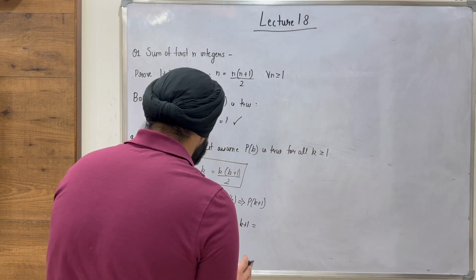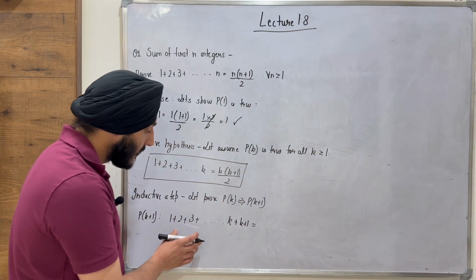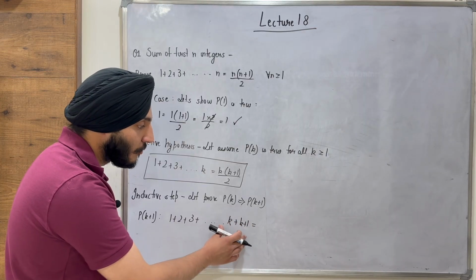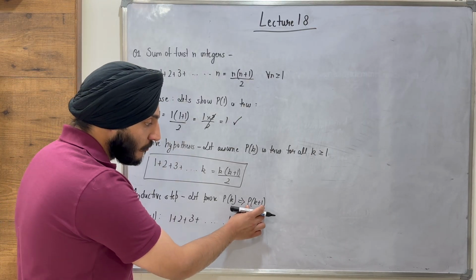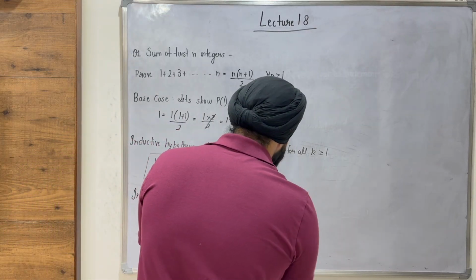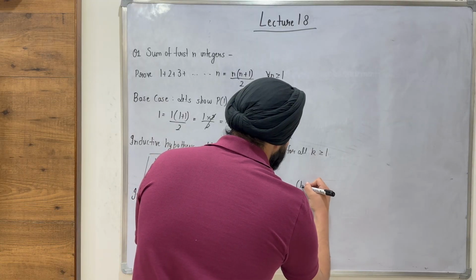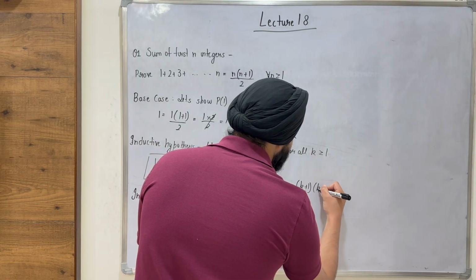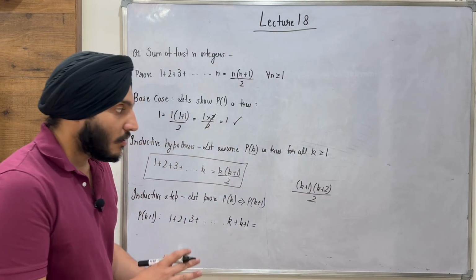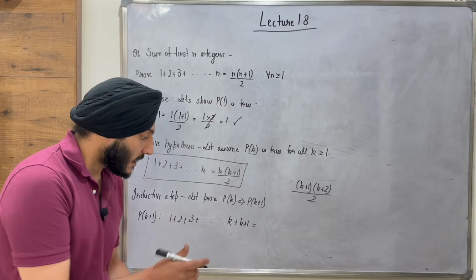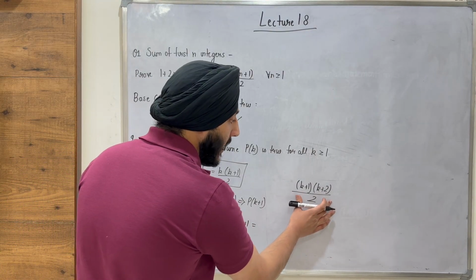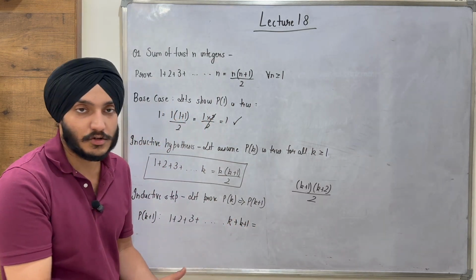This is going to be the left hand side of the equation. What am I supposed to prove in this case? I'm supposed to prove P of k plus 1 is true, and P of k plus 1 is actually (k plus 1)(k plus 2) divided by 2. So I'm supposed to take this left hand side and reach this point. This is how I can say that P of k plus 1 is also true.